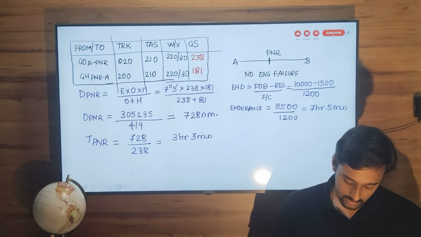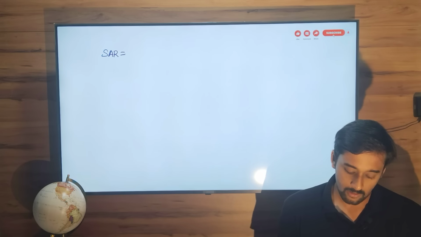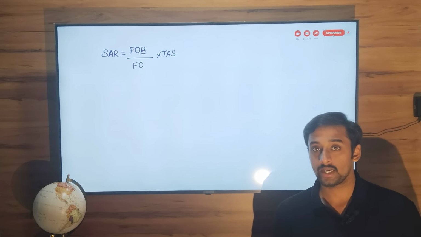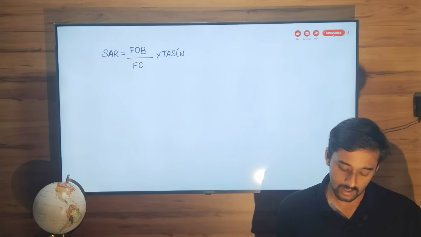Now the last part, we have been asked to find still air range. Simple, fuel on board divided by fuel consumption into TAS. Now here the TAS that they are talking about is normal TAS because no mention of engine failure.